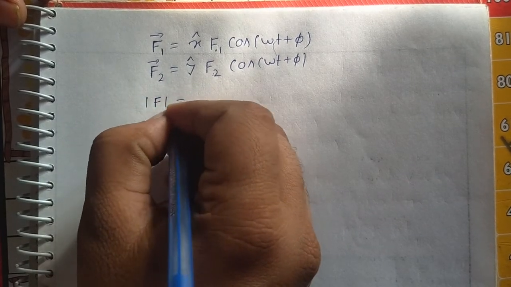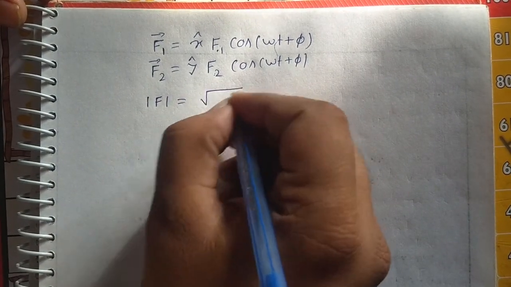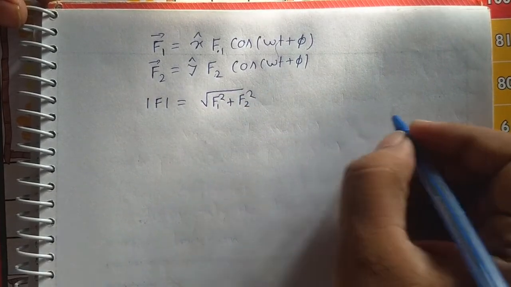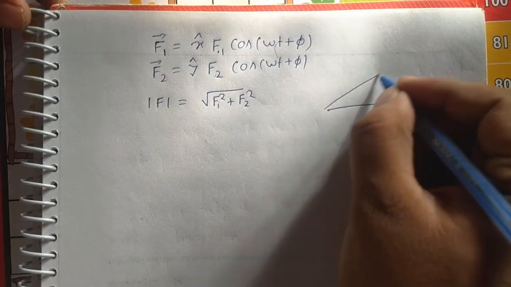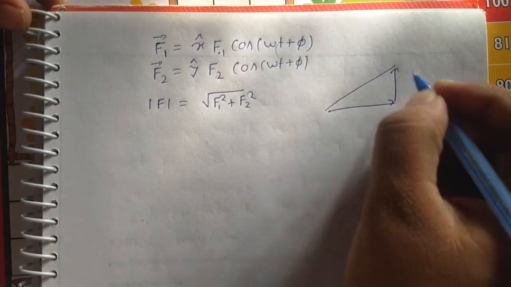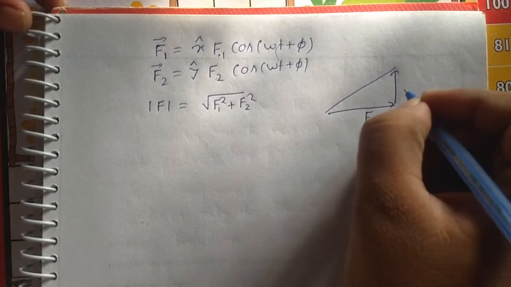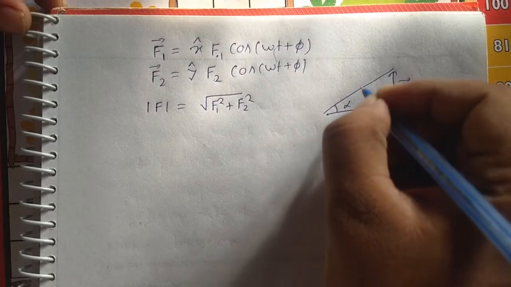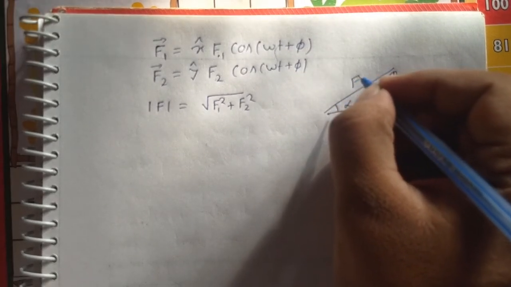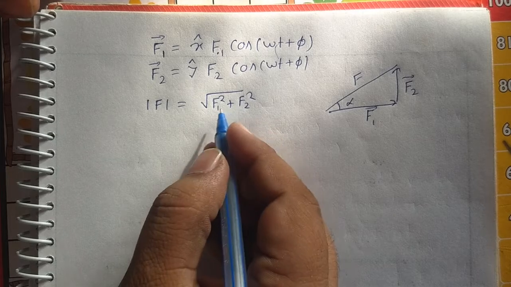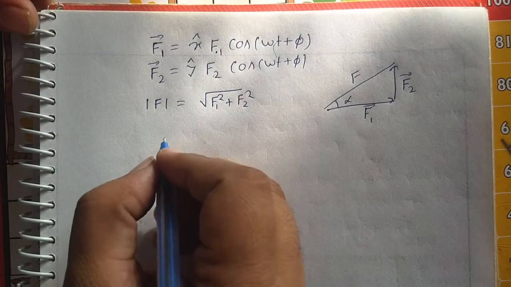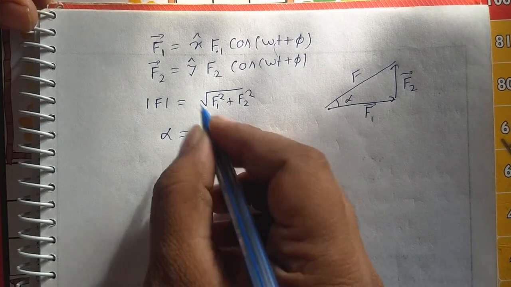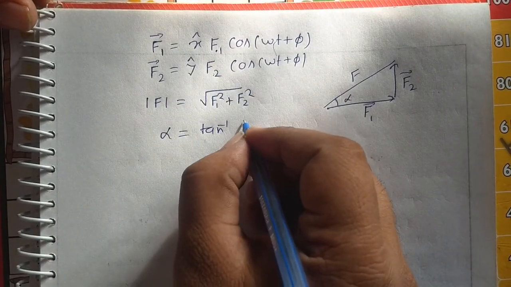So mod of F will be equal to under root F1 square plus F2 square. This is F1, this is F2, and this is the angle, and this is the final F. So mod of F equal to under root F1 square plus F2 square, and alpha equal to tan inverse F2 divided by F1.